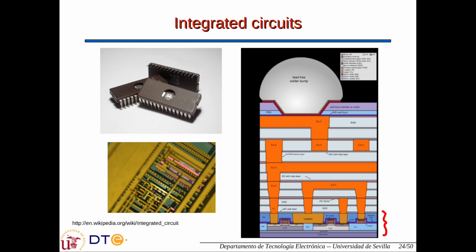In the end, the whole integrated circuit is a small die that is put into a package with tiny connections that go to the pins of the device that we see from the outside. Okay, but inside we can have a very complex circuit.